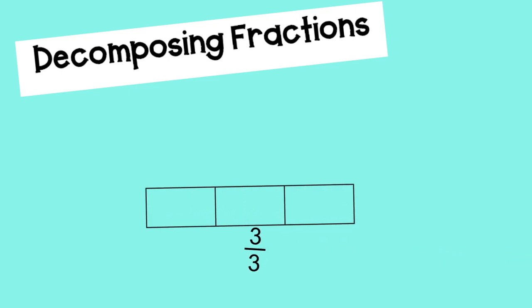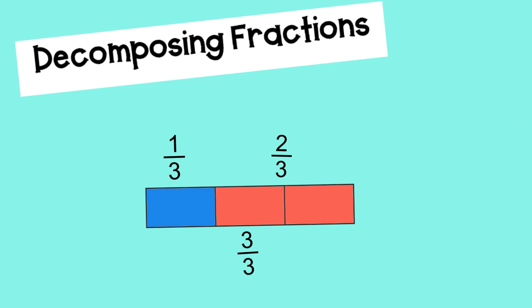So here's our bar model. And you can see we've got 3/3. There are a couple of different ways of looking at this. We could break this fraction down into parts that are 1/3 and 2/3. We could also break this down into 3 parts.